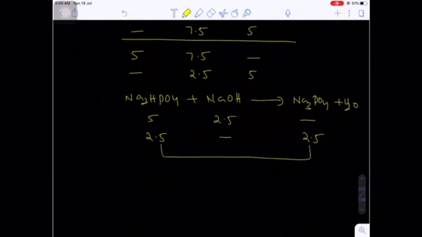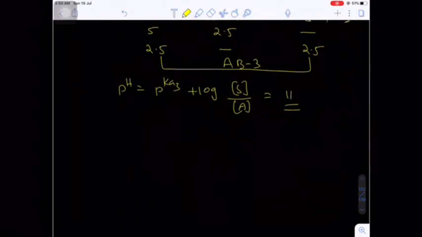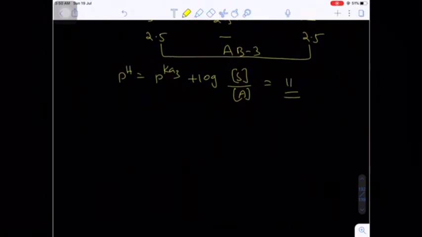Here NaOH will be the limiting reagent, so 2.5 millimoles of disodium hydrogen phosphate remain, and 2.5 millimoles of sodium phosphate will be present. This is the third acidic buffer. So here pH is equal to pKa3 plus log of salt concentration 2.5, acid concentration also 2.5. Directly the pKa3 value given in the question, it is 11. Are you getting my point?